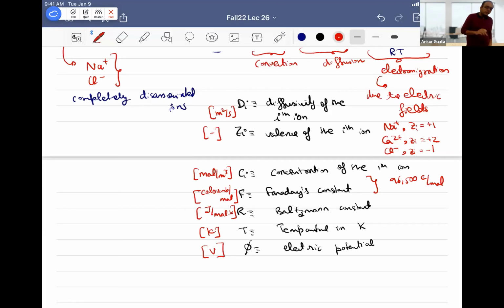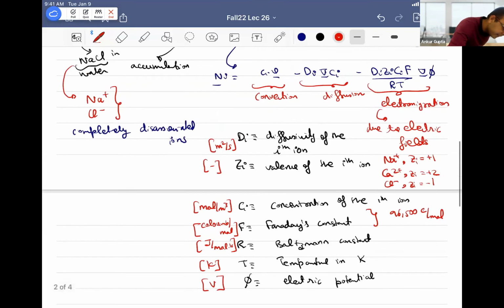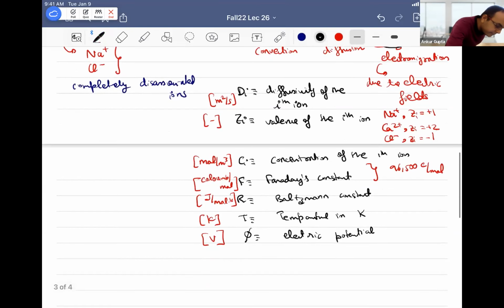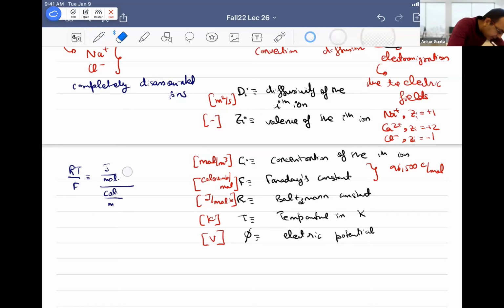One thing to notice here is this term, F by RT, or rather RT by F. So RT by F is joule per mole Kelvin times Kelvin, by coulomb per mole.